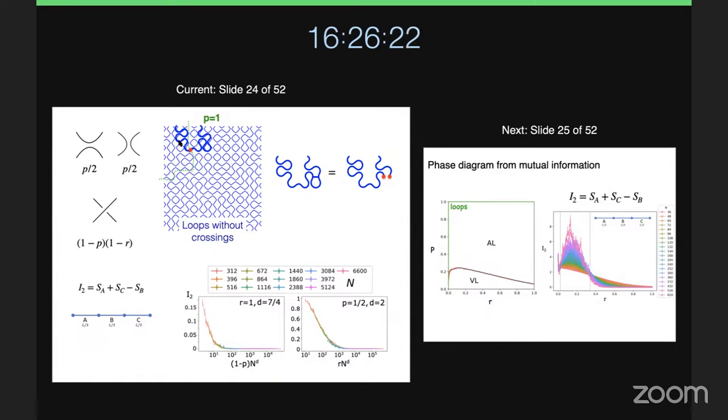In fact, the number of such loops grows logarithmically with system size, so entanglement grows like a log at the boundaries of this phase diagram, and everywhere inside, if we think about the minimum cut, it will grow like a volume.